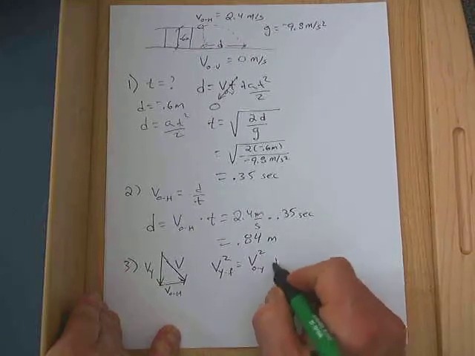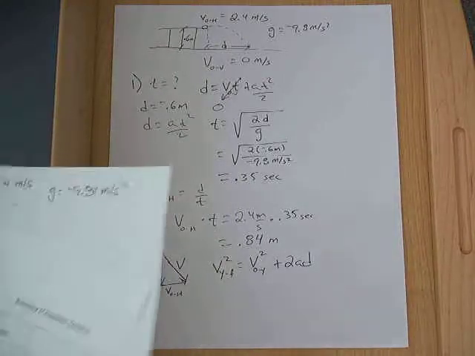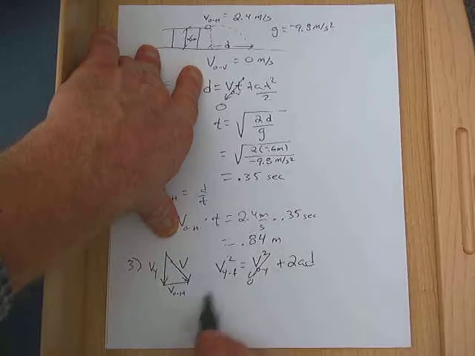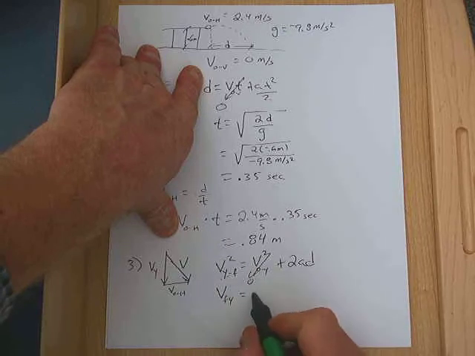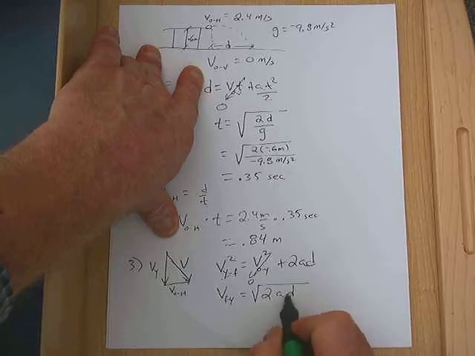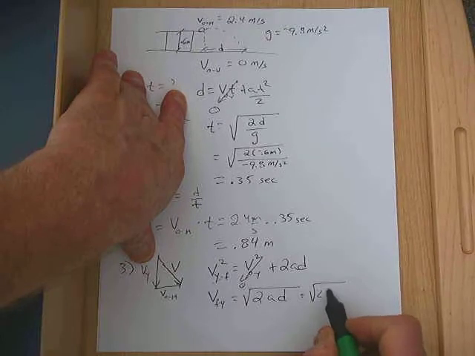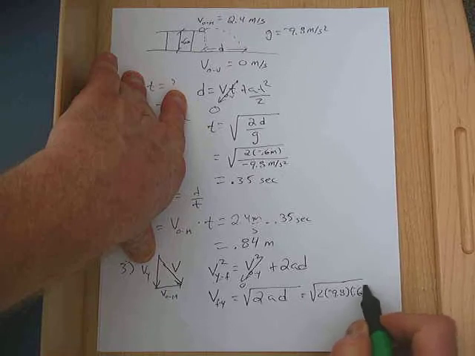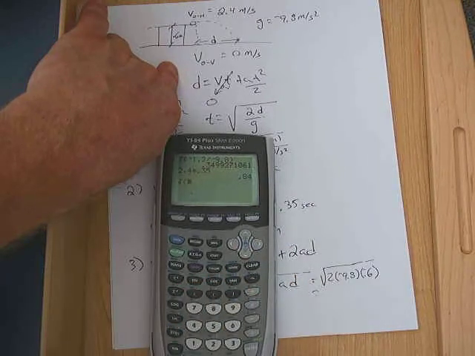that V sub y final squared is going to equal V naught sub y squared plus 2ad. That's again from our kinematic equations. We know that our V naught in the vertical direction is 0, so that's going to be 0. I want to solve for this velocity, so my final velocity in the y direction is going to equal the square root of 2ad, which is the square root of 2 times negative 9.8 times negative 0.6.